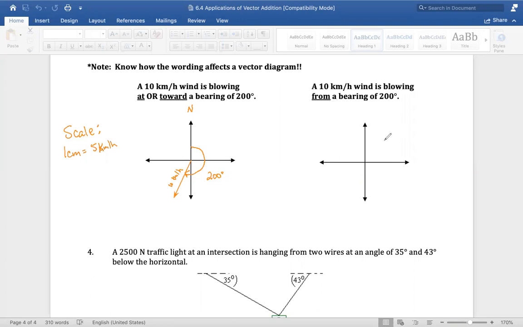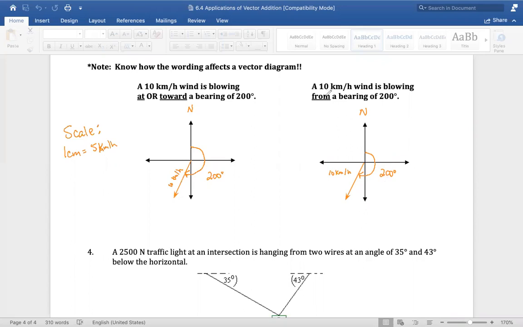Let's go ahead and draw in that 200 degrees again, and my 10 kilometers per hour.